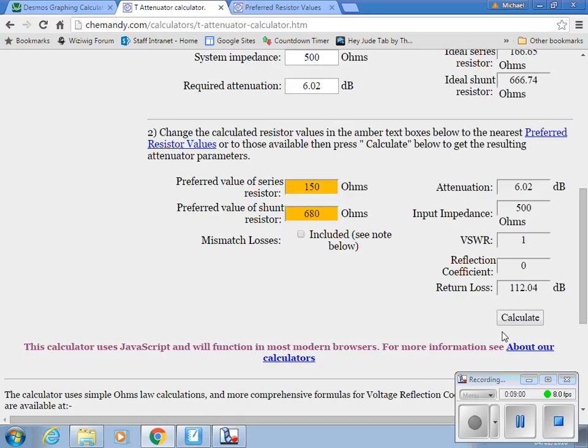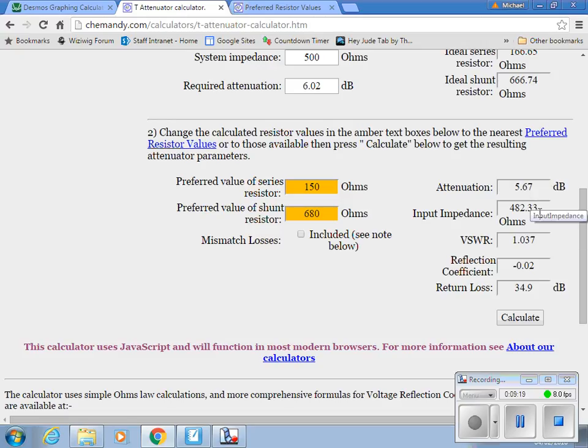And then we calculate again, and it tells me, one, what the decibels value is going to be with those preferred values. So instead of 6.02, it's going to be slightly lower at 5.67 decibels.